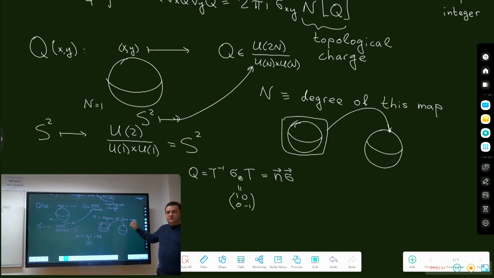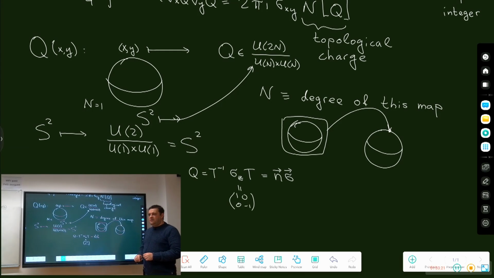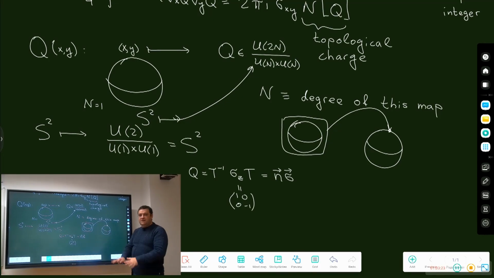This is the map of degree 0. N equals 0, I can calculate it without anything. If Q is constant, all gradients of Q are 0, the integral of all gradients is 0, the theta term is 0, the degree of the map is 0. It just means that Qxy equals lambda for every x and y. This is what I said from the beginning. Q is constant in the whole space.